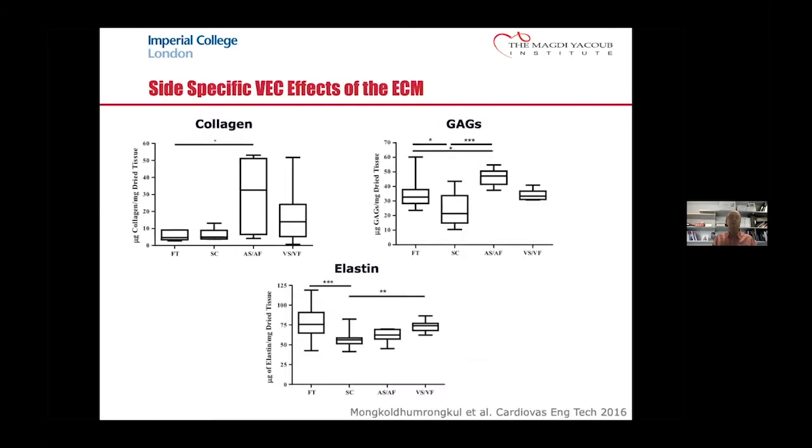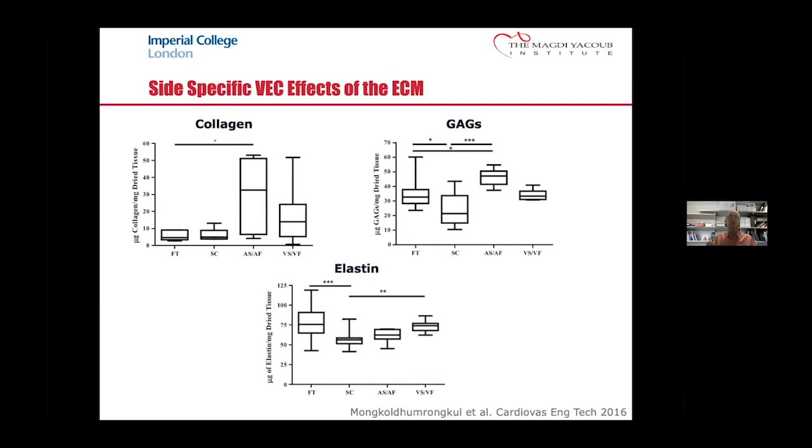We've also seen in a site-specific way that the endothelium can regulate the extracellular matrix. So in these experiments, intact valve samples were put into a cone and plate machine and exposed to aortic conditions of flow and ventricular conditions of flow.